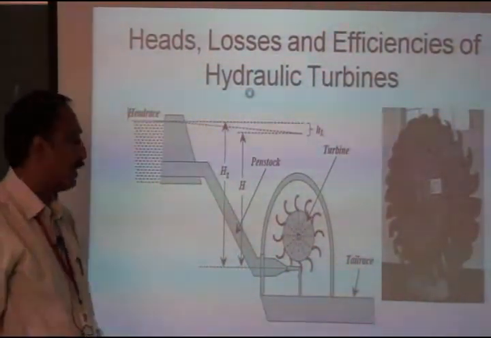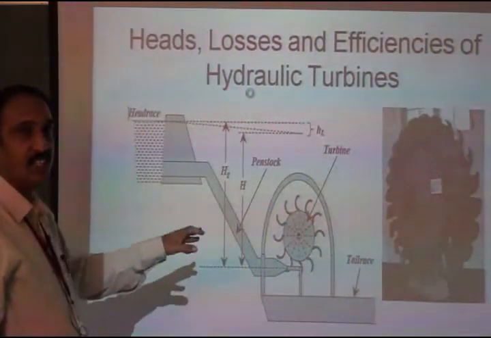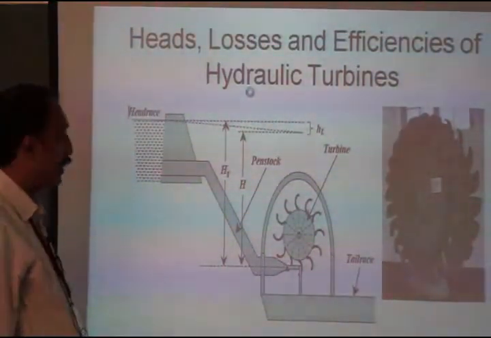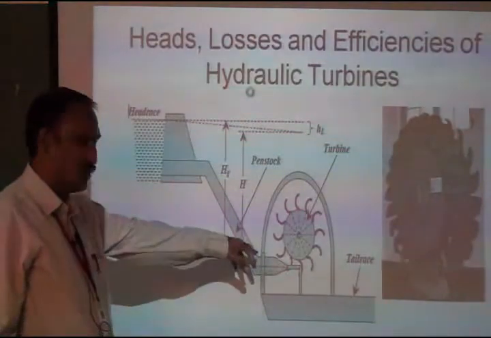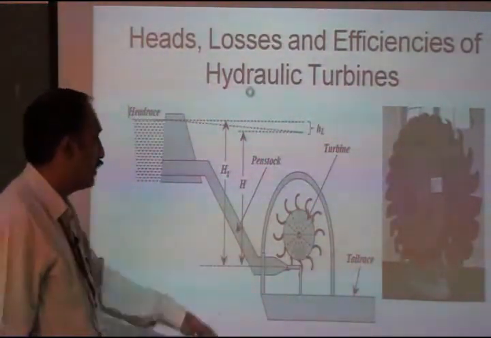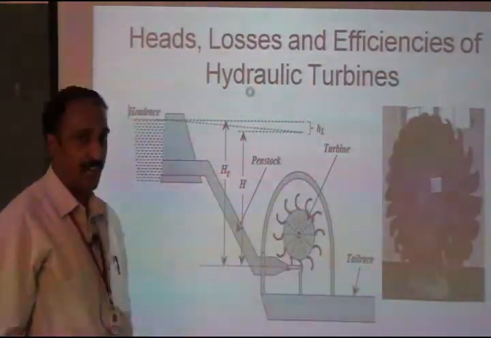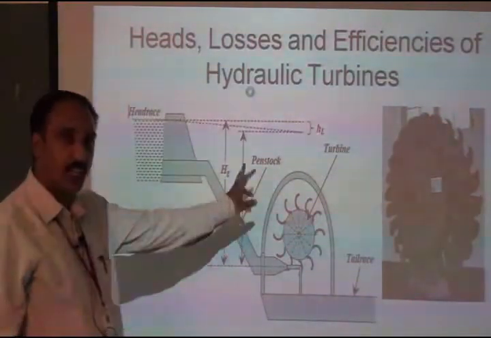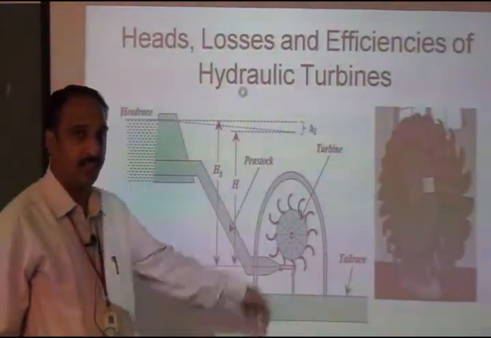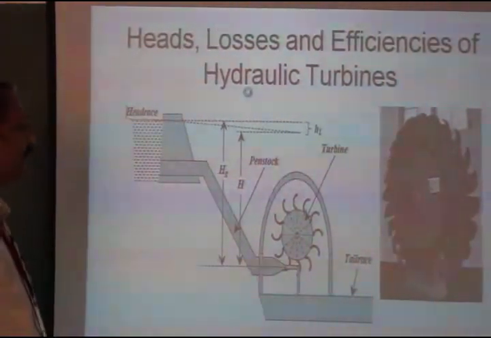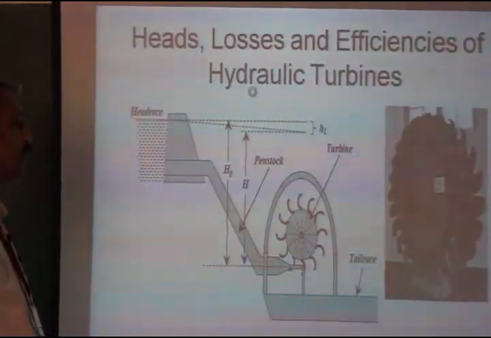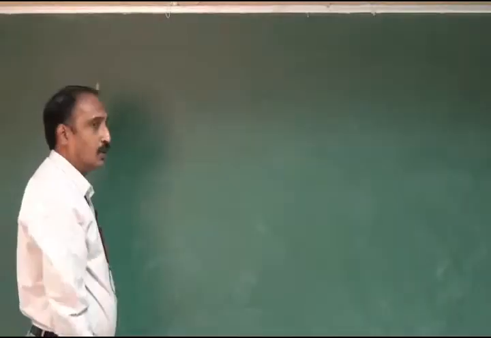Pelton wheel is the tangential flow impulse turbine. The power is developed on the runner wheel by impact of the jet of water striking the vanes, so that the turbine starts rotating. In this way the mechanical power is obtained, right.